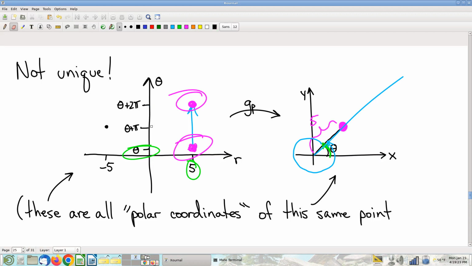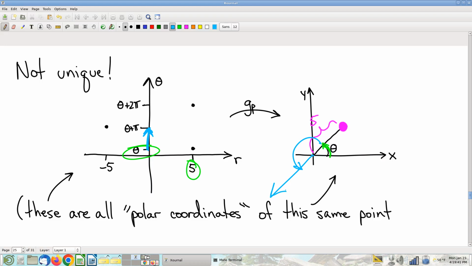All right, now there's another thing you could do, and that is don't add a full 2 pi, add just pi. If you add just pi to your angle, that gets you going exactly the wrong direction. But keep in mind then, in this direction, I need to go backwards.